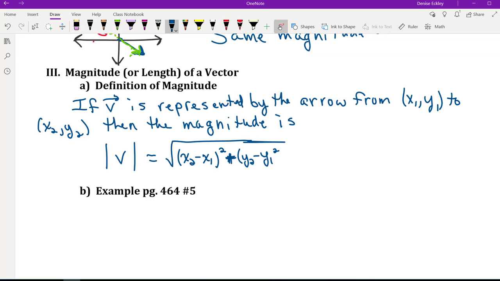So another way to look at this is you can say if v is represented by a vector like this, AB, then, because sometimes we just have the components, we don't have two different points, the head-tail rule's already been done for us, so then the magnitude will look like this.